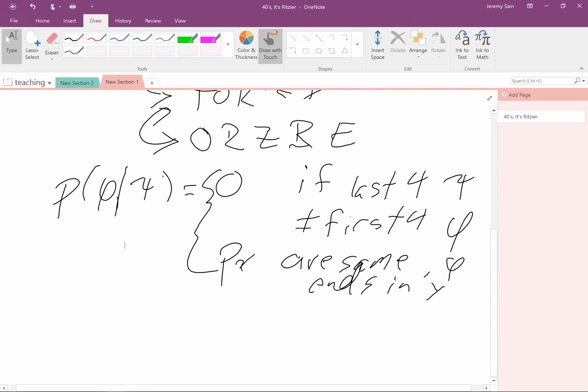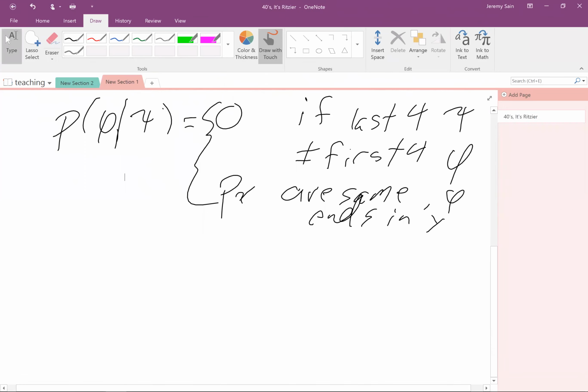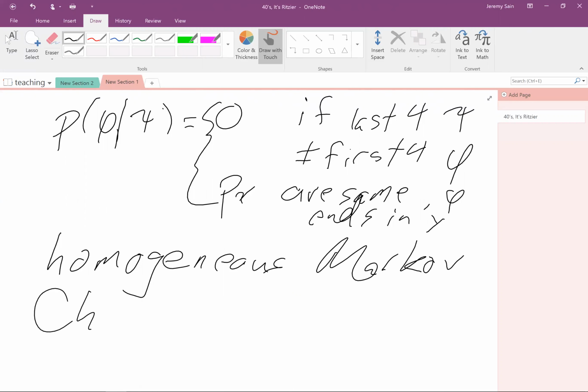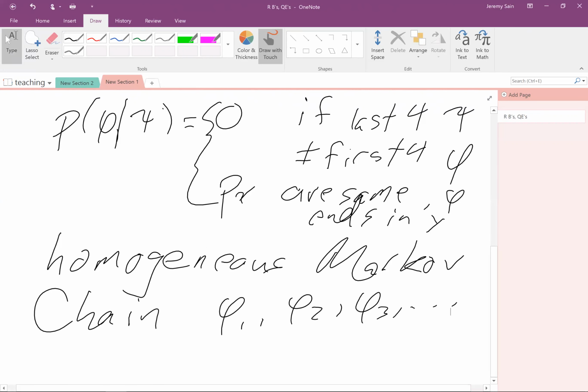So this is exactly the sort of thing that's called a homogeneous Markov chain. A homogeneous Markov chain is where you've got some sequence of states, so phi1, phi2, phi3, going on forever.